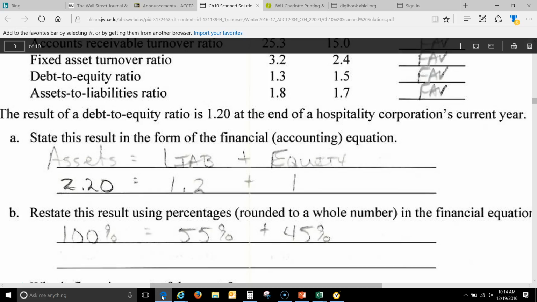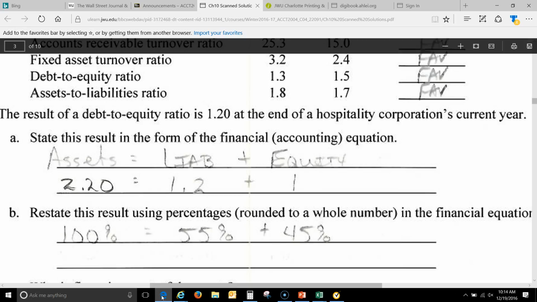The 45 is the 1 divided by 2.2. So you took the 1.2 divided by 2.2 to get 55%, and then the 1 divided by 2.2 to get 45%. So the next question is, who's financing more of our assets, equity or liabilities?